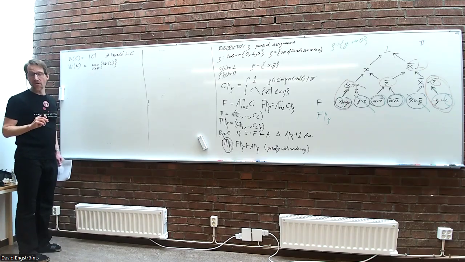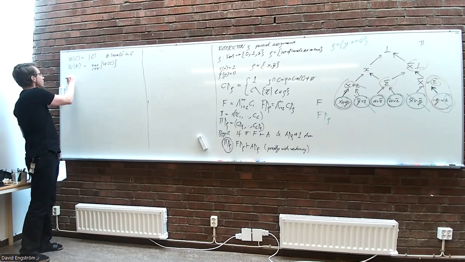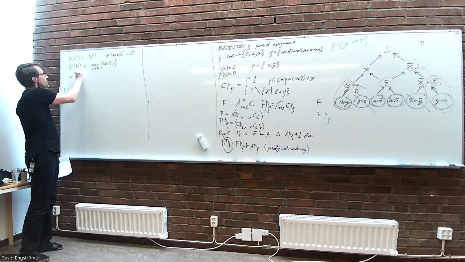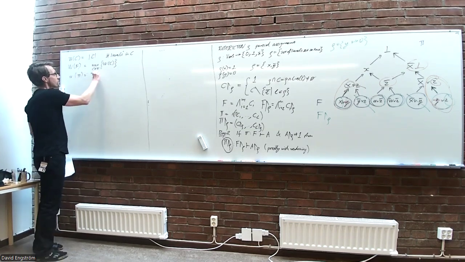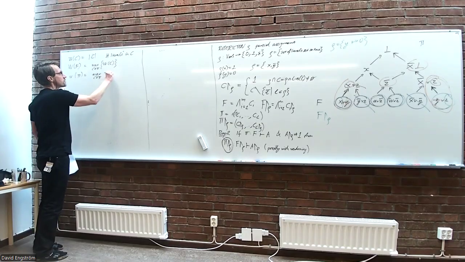That's the width of the CNF formula. Similarly, if I have a derivation, I look at all the clauses in it and take the max. And that's the width of the derivation.